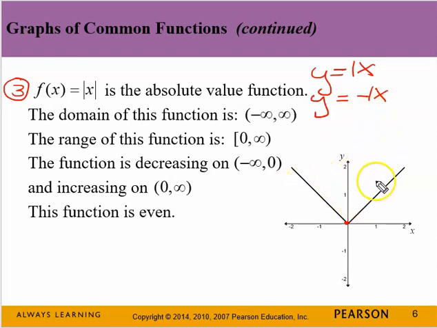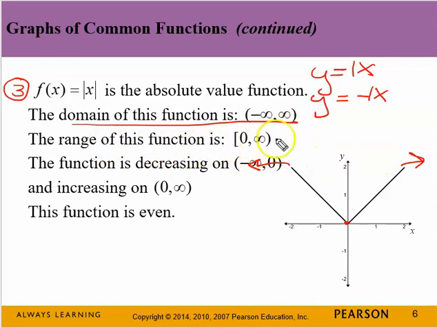Now, what would be the domain of this V shape? Well, again, this is going off to negative infinity in this direction and positive infinity in that direction. So the domain of this function is, in interval notation, parenthesis negative infinity to positive infinity.